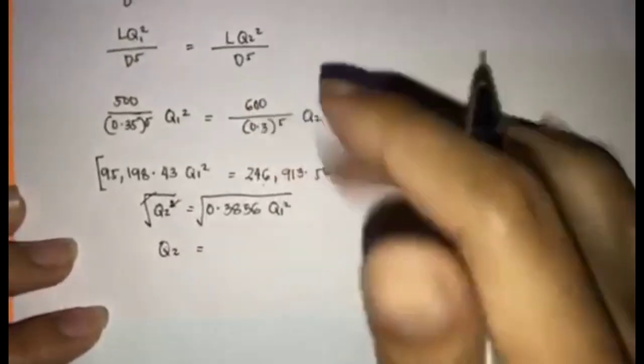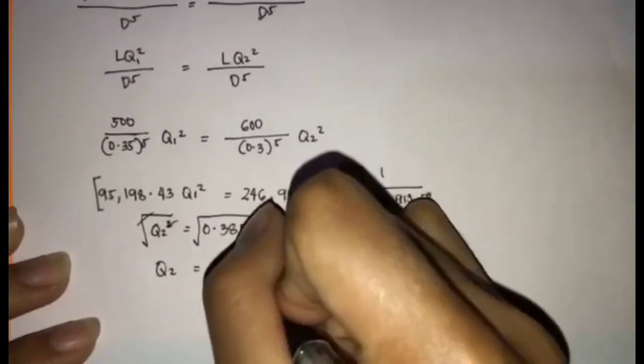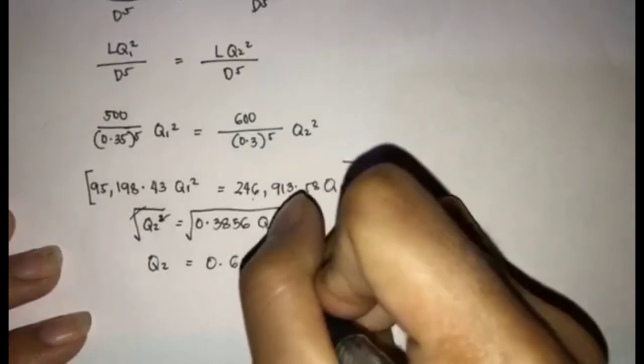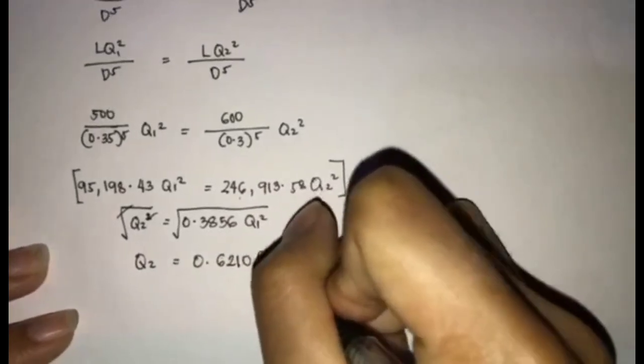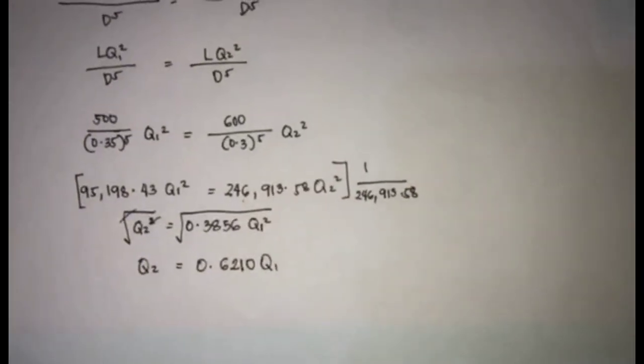So simplify. So Q sub 2 is equals to 0.6210 Q sub 1.